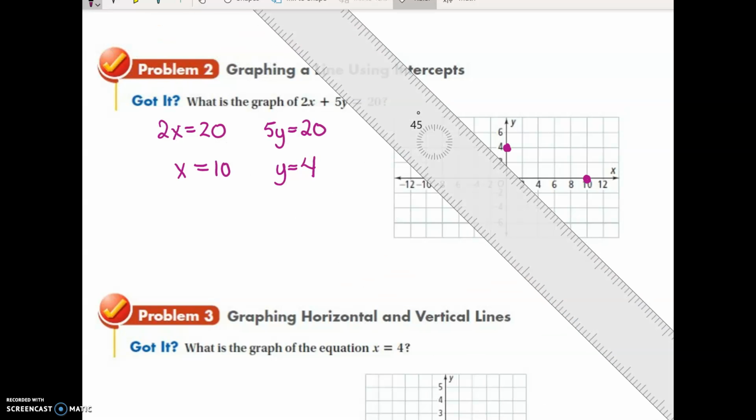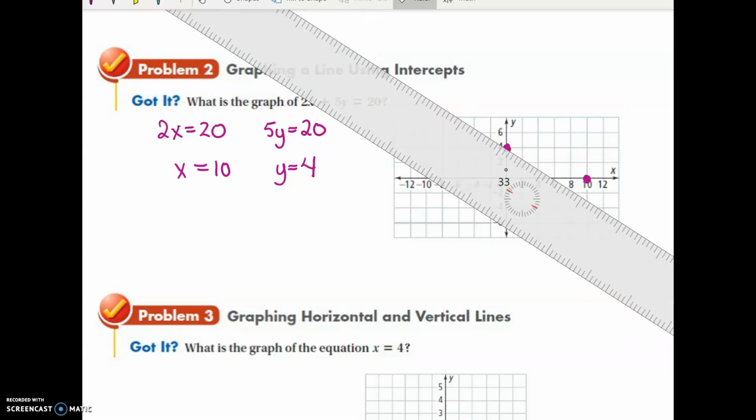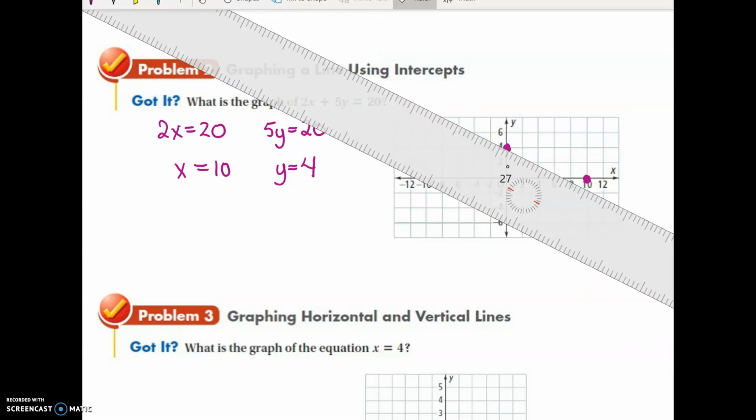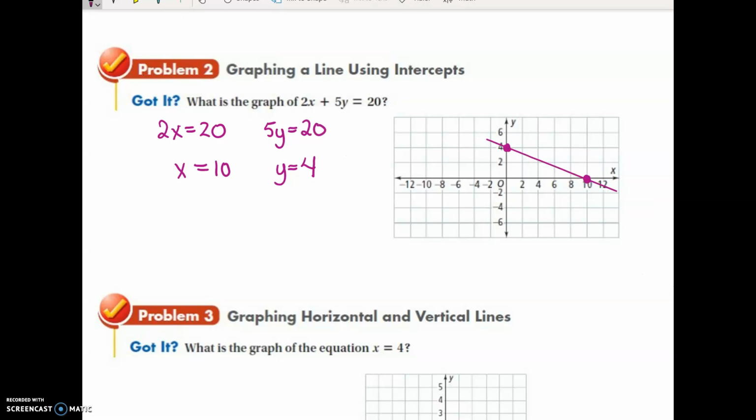I don't know if this will let me draw a straight line, but at least it helps me out a little bit. Kind of a fancy tool here. So I would draw along my ruler. Okay. So then you would have your line. It is nice if you can use a straight edge, and I don't always do that in class, but I have time now to kind of play around with it.